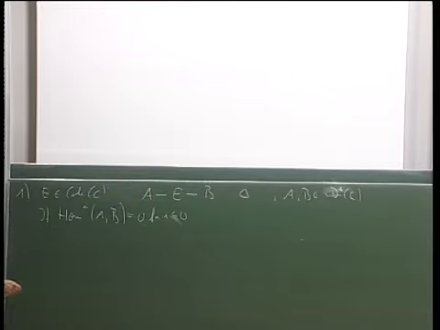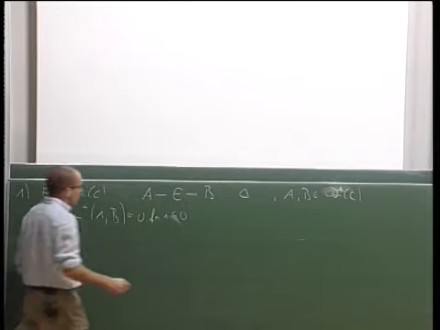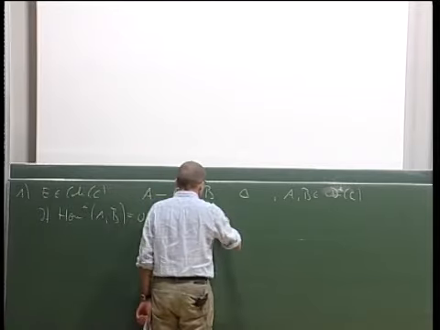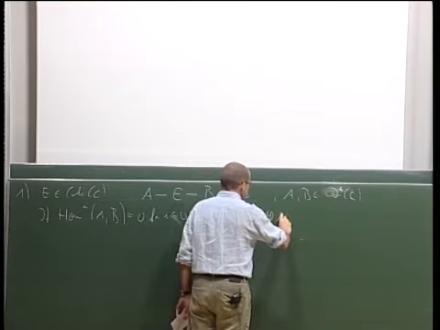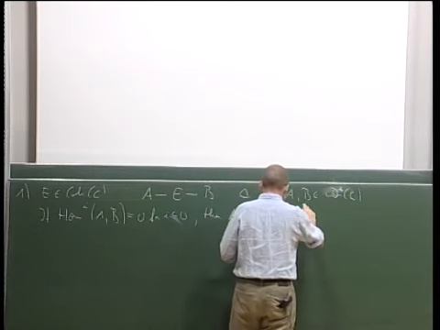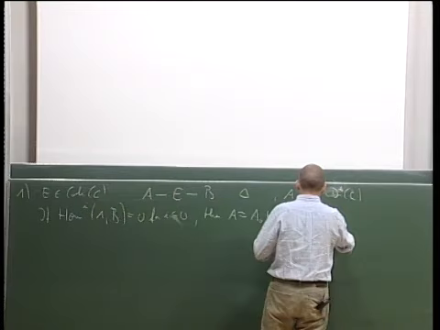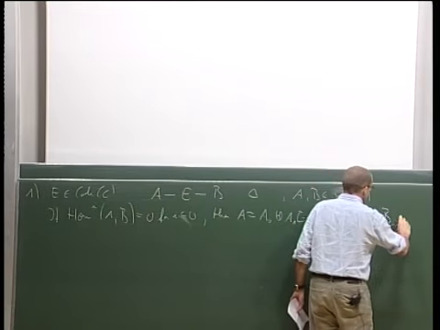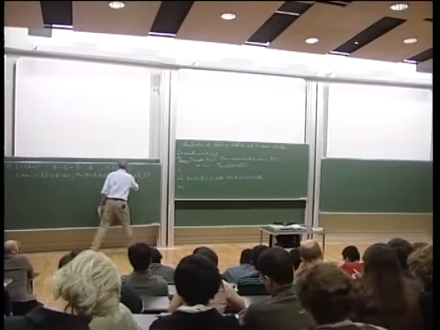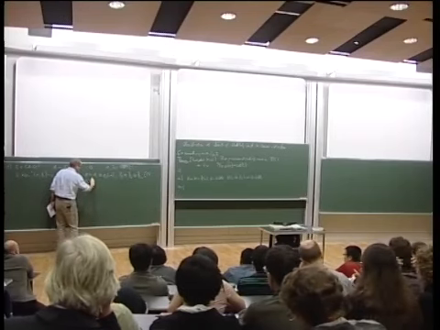these A and B cannot be arbitrary complexes. They are concentrated in 2 degrees. Then A is isomorphic to A0 plus A1 shifted by minus 1, and B is isomorphic to B0 plus B1 shifted by 1, where now the Ai's and the Bi's are actually sheaves.